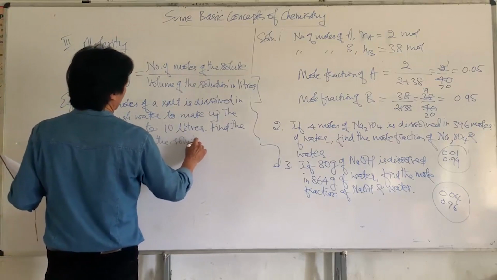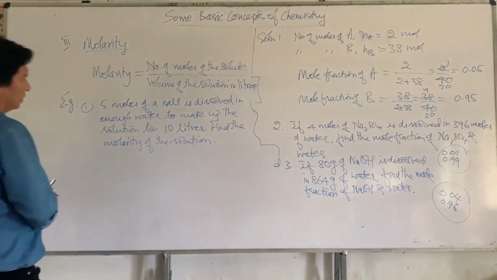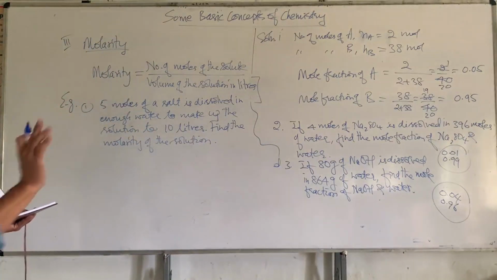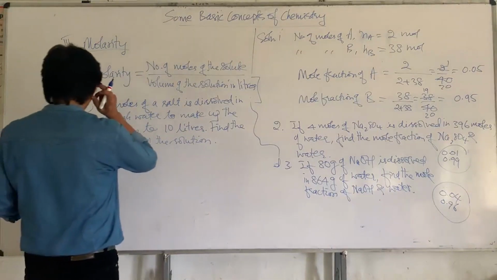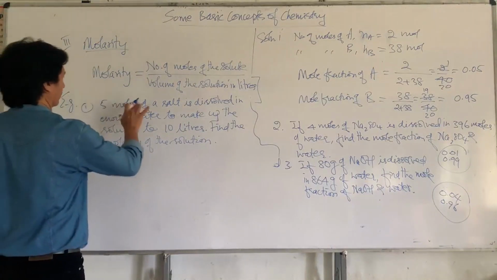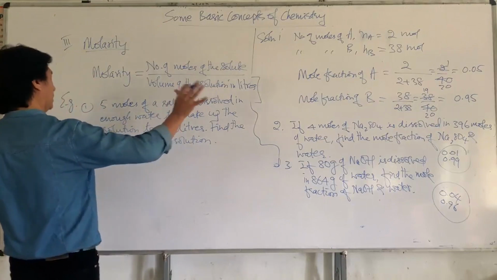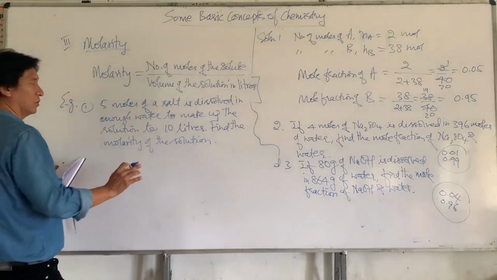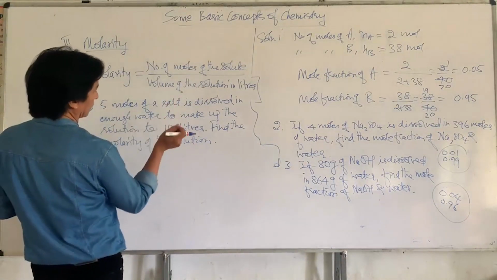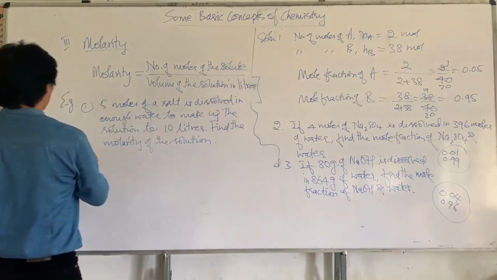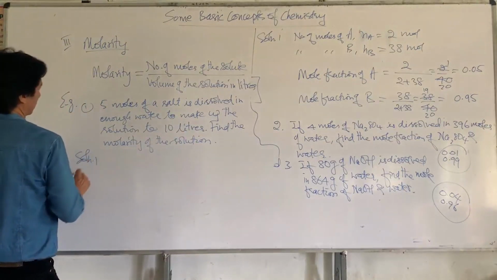It's very simple. So here the question is very direct. You can see you're given the number of moles of the salt and then the volume of the solution. Volume of the solution is also given in terms of liters. So now your solution here, answer.